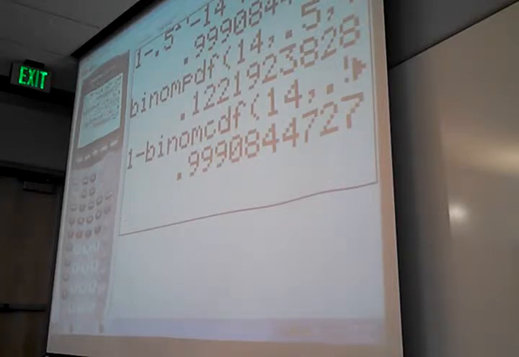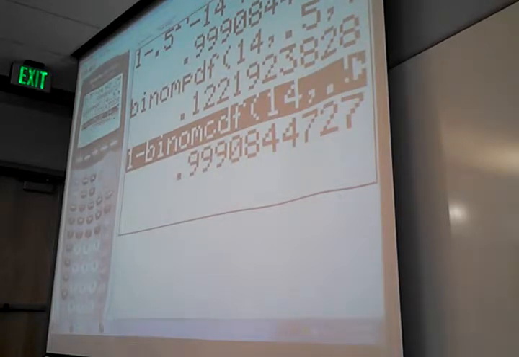How'd you do the comma again? Oh, the comma is right above number 7. How'd you do the up to the exclamation mark one? The last one on the binomial CDF? So binomial CDF means up to whatever I put in there.